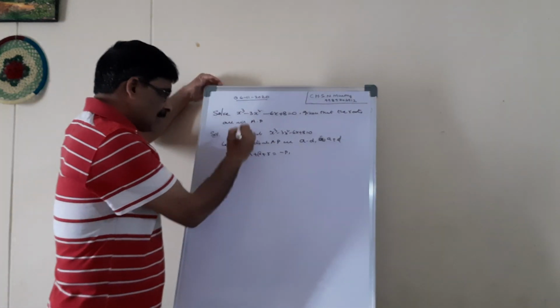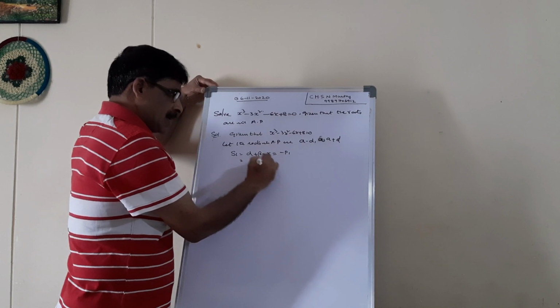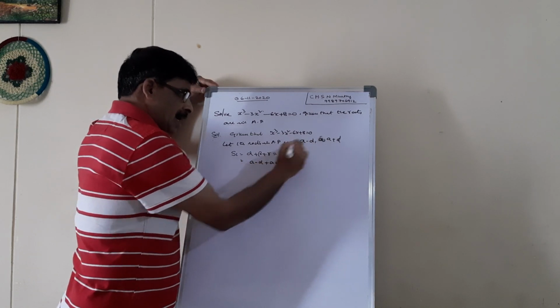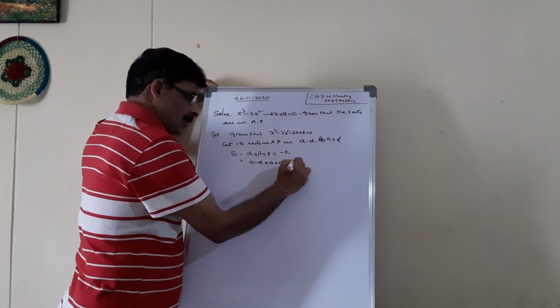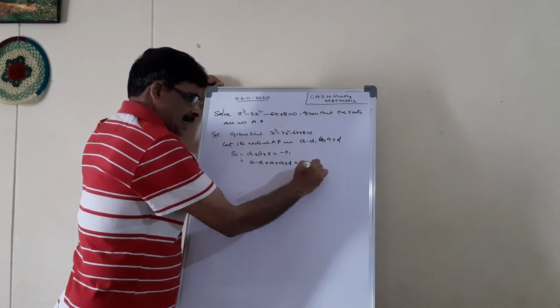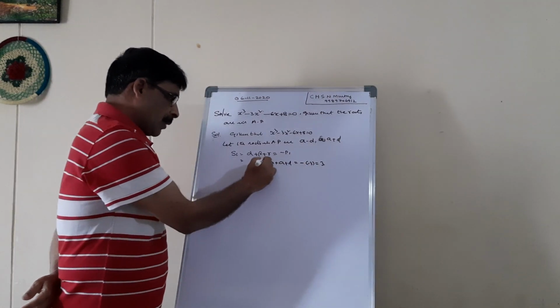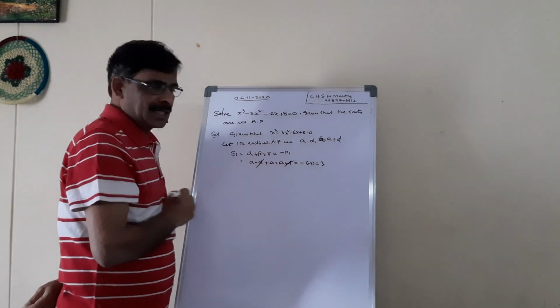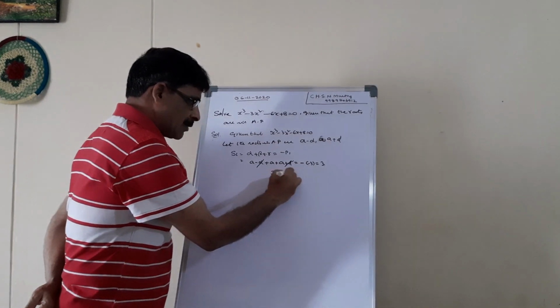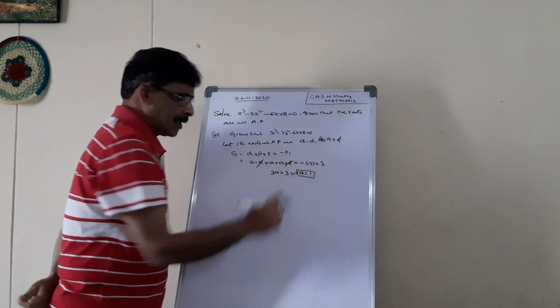Here, in our problem, alpha equal to a minus d, beta equal to a, gamma equal to a plus d, equal to minus p1, that is minus of minus 3, which is equal to 3. Here plus d minus d cancel. 3a equal to 3 implies a equal to 1.